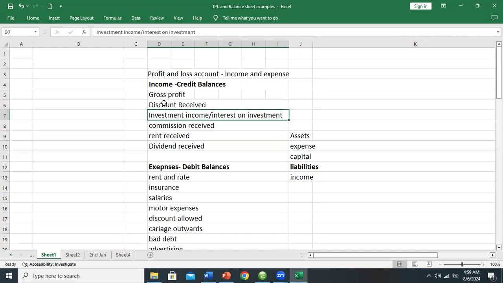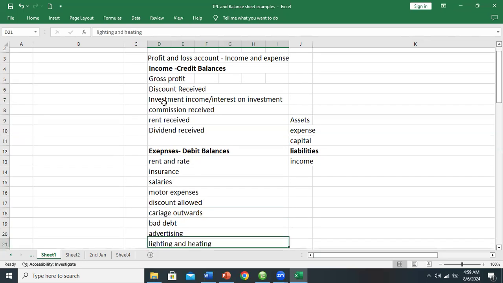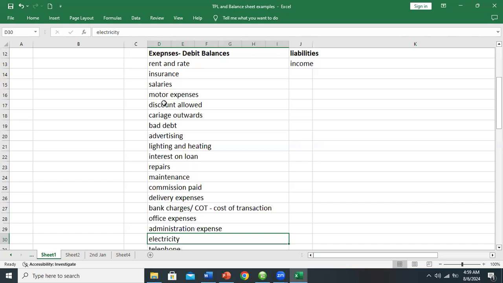Watch out. Now let's go to some of the expenses that you may come across under a sole proprietorship. I've been able to list a lot of them, but the list is plenty, so you can also add on as we move on.